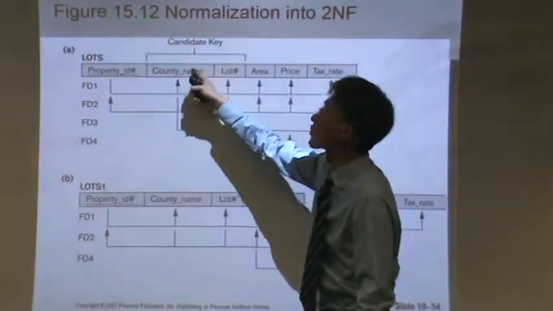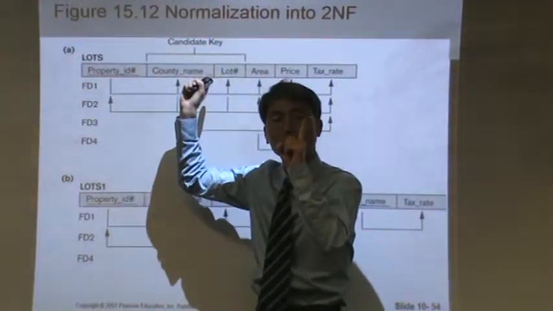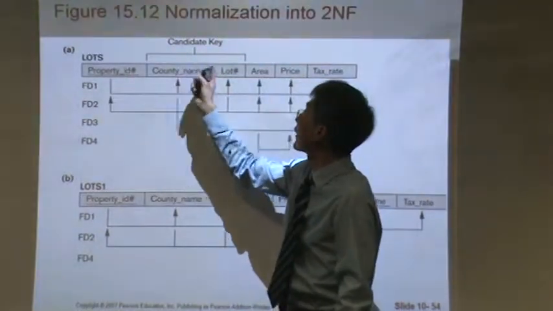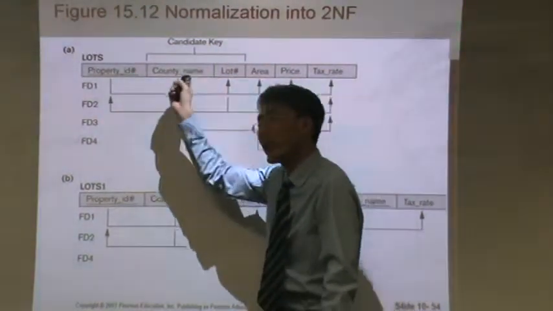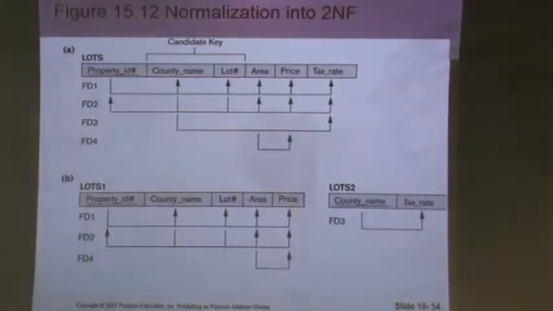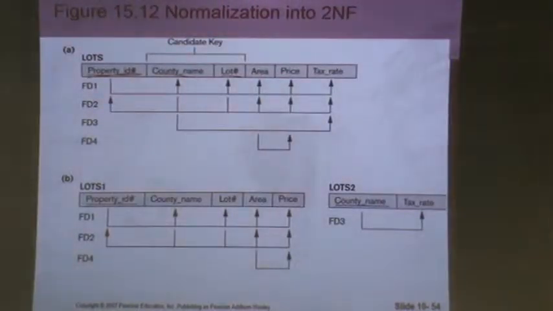So this is also prime, even though it's not underlined. Why? Because only one primary key is underlined, but it's also a candidate key. So an attribute belonging to a candidate key is a prime attribute. In this case we have three: property ID, county name, and lot number. These are the prime attributes.